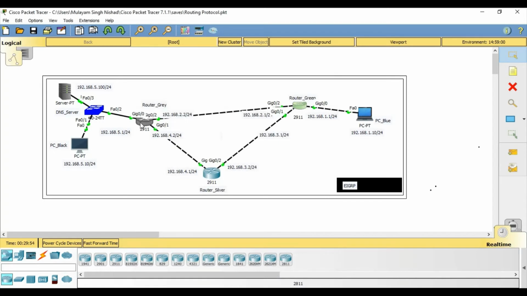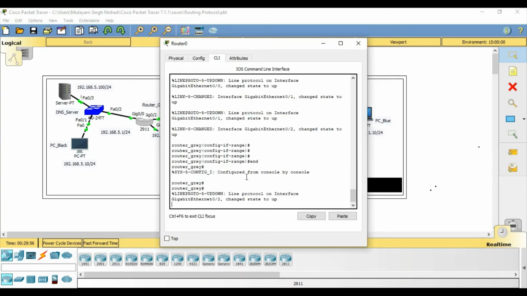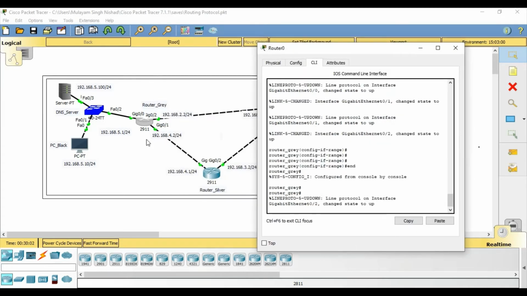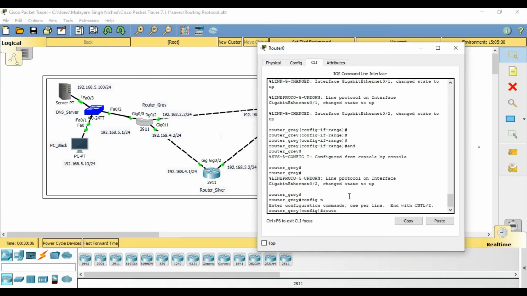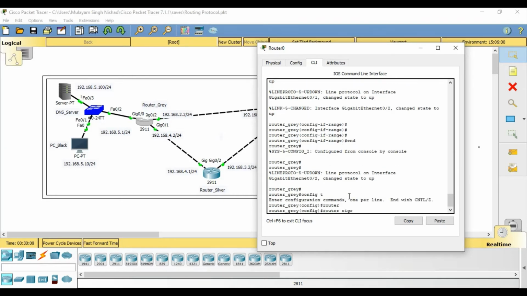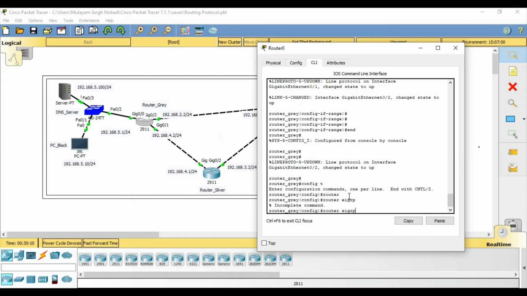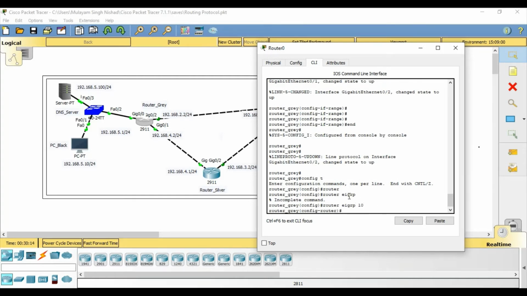Go on this router and configure the same thing with the network addresses. So the network addresses are 2.0, 4.0 and 5.0. So config t, router EIGRP, sorry, give the autonomous system number. You can give the same or as per your choice.